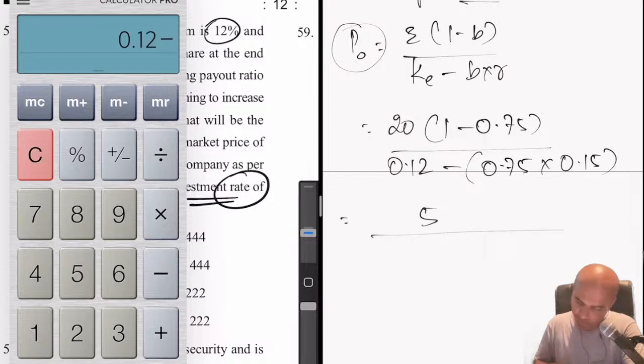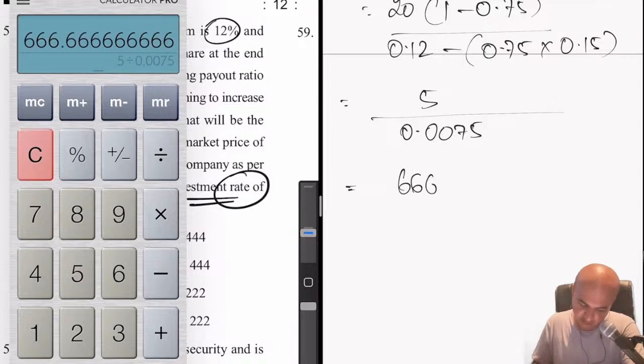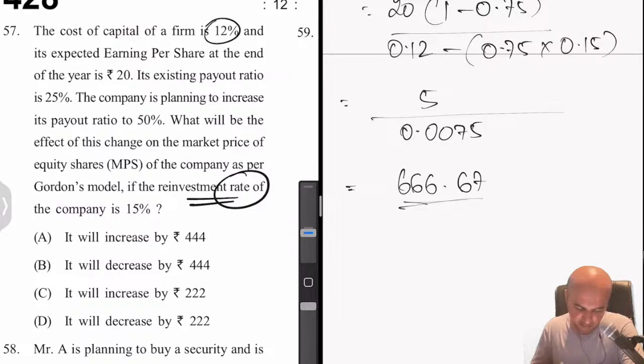So 0.12 minus 0.1125, that is 0.0075. So when you do the math, 5 divided by 0.0075, you will get 666.67. So this would be the price of the share if they retain 75%.